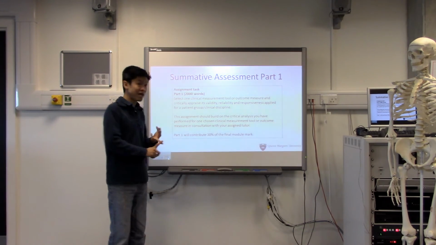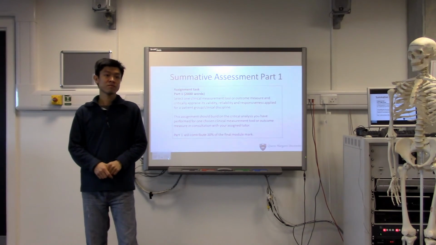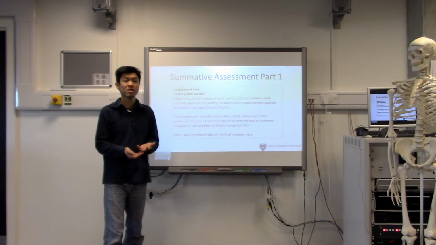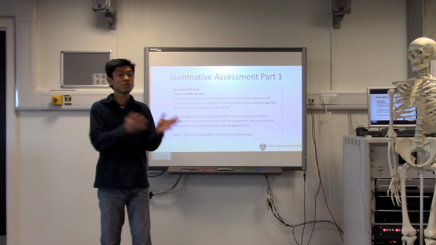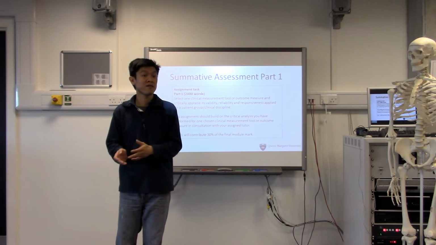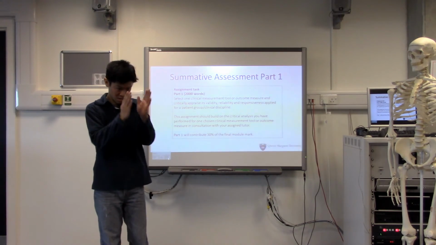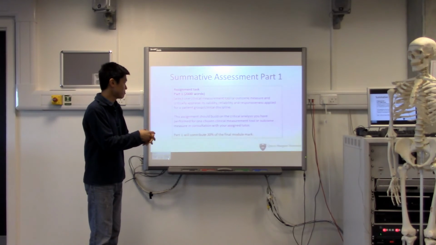Okay, so applied to a particular patient group or clinical population. Why have I put that last phrase, applied to clinical population? Simply because for the same outcome measure, when applying to a different clinical population, you can have slightly different properties. Okay, so you need to be able to determine that specific clinical group that you are interested in.